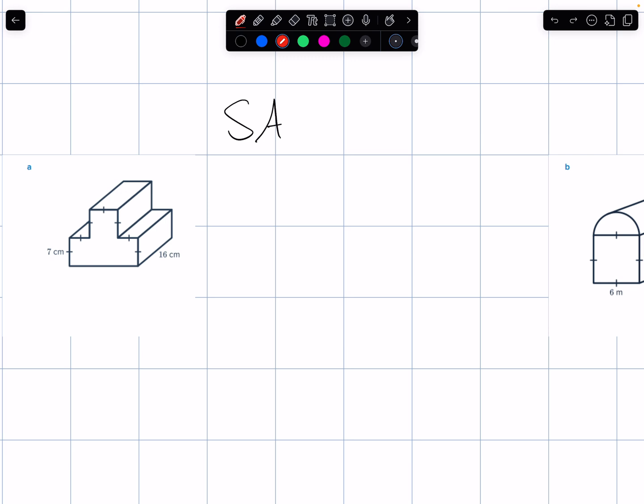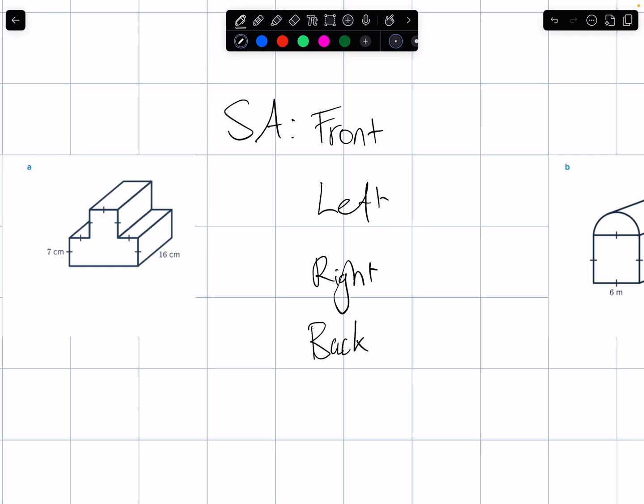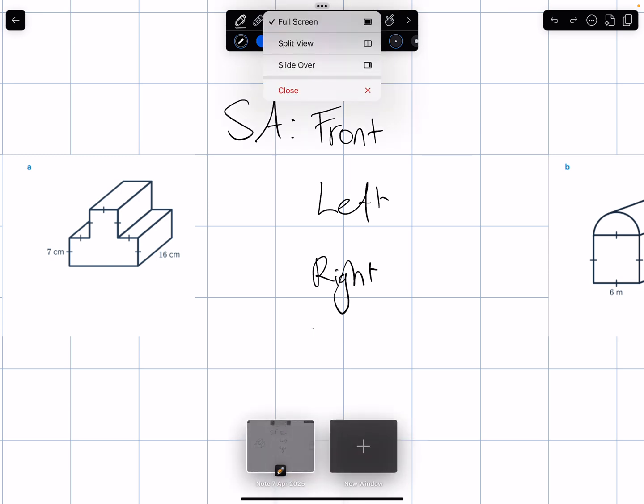One of the ways I like to think about surface area is with different views. You have a front view, a side view, a left view, a right view, a back view.